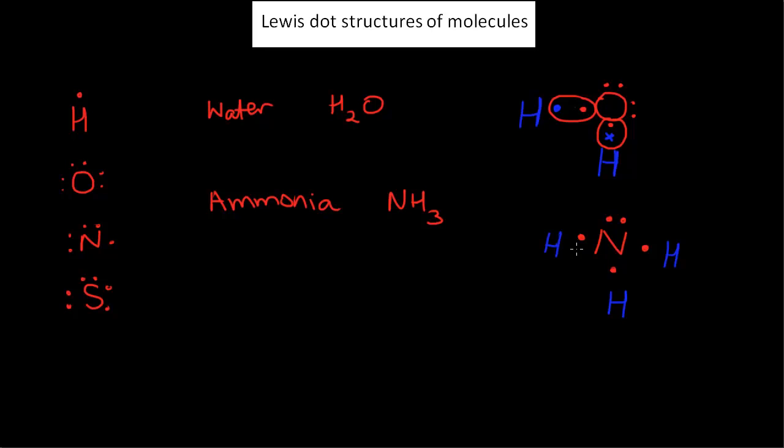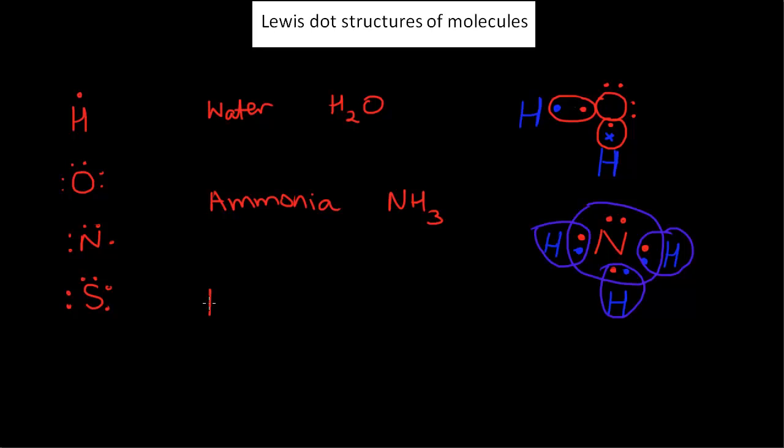And so each of the hydrogens shares its one and only electron with the nitrogen. Okay, so the nitrogen now has the 3 that it needed, so it has a full valency shell of 8, which is what it wanted, and each of the hydrogens has a full valency shell of 2. Hydrogen only needs 2 electrons in its valency shell to have a complete shell. And so that's again a very simple Lewis dot structure for ammonia.